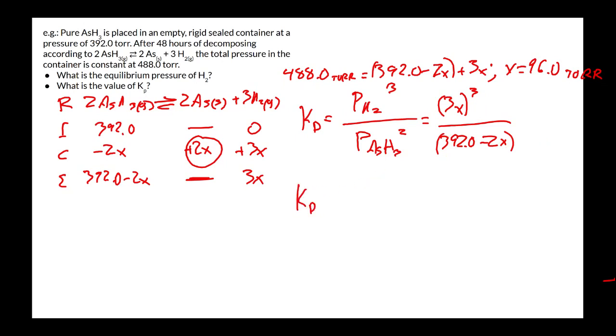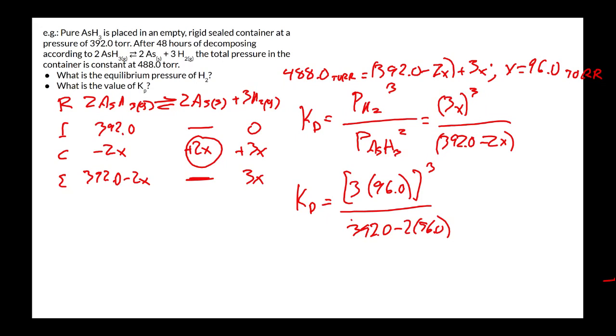So Kp, with some numbers in here, is (3 times 96.0) quantity cubed, divided by (392.0 minus 2 times 96.0), and that quantity is squared. Forgot to square it up here. Work out all the arithmetic. This comes out to 597.